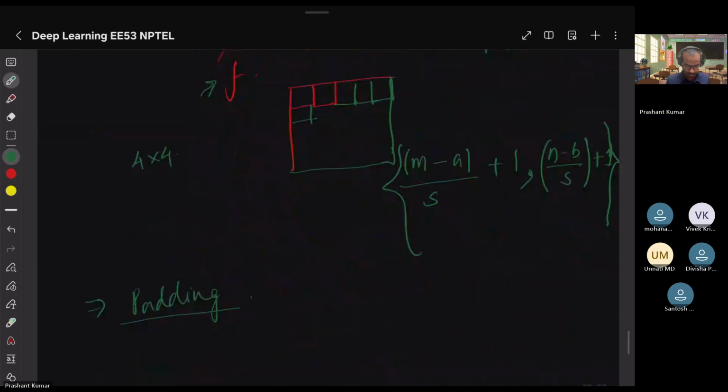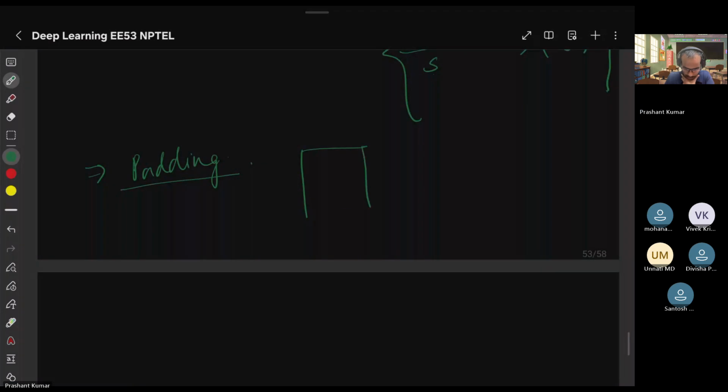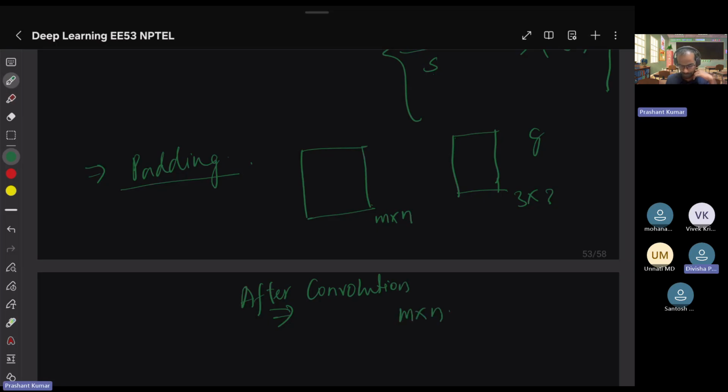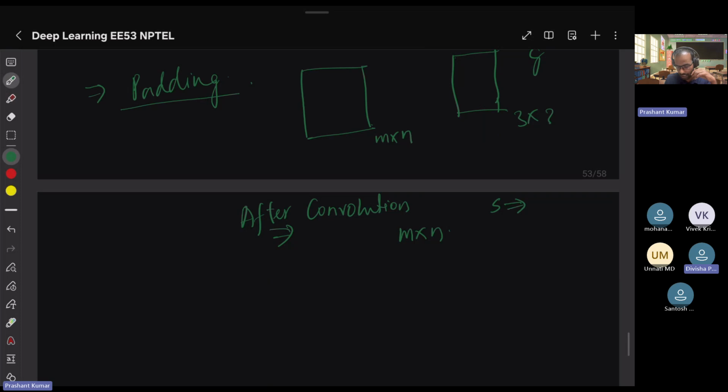So let's say f has a dimension of m cross n, and I have a g of dimension 3 cross 3, and after convolution I want the dimension to be m cross n only, same as the input, given that my stride is 1.